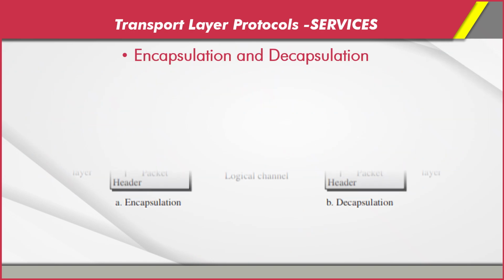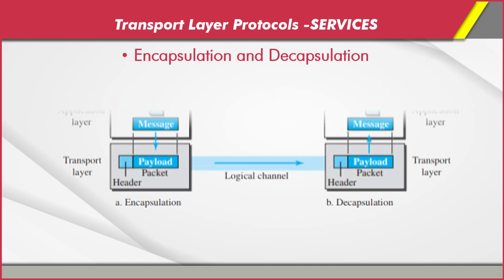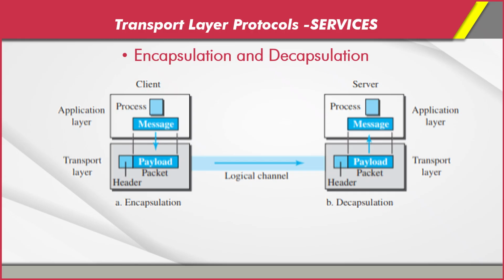This encapsulation happens at the sender side. When a process has a message to send, it passes the message to the transport layer along with a pair of socket addresses and some other pieces of information, which depend on the transport layer protocol. The transport layer receives the data and adds the transport layer header to it.